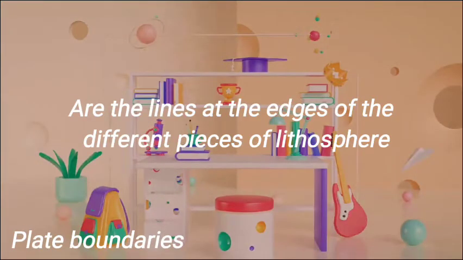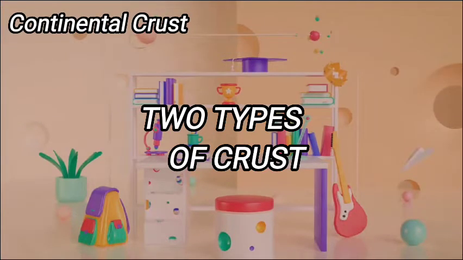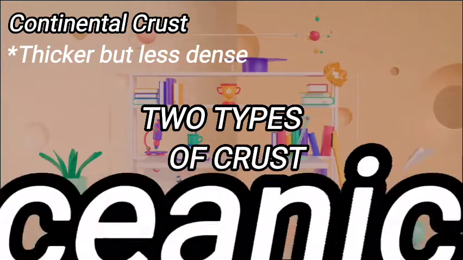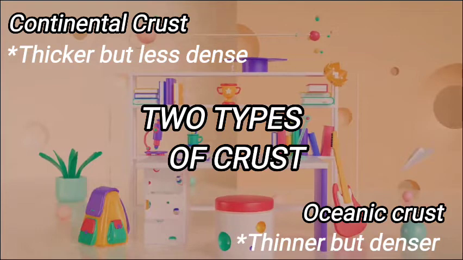Plate boundaries are the lines at the edges of the different pieces of lithosphere. There are two types of crust. First one is continental crust, thicker but less dense. And the next one is the oceanic crust, thinner but denser.